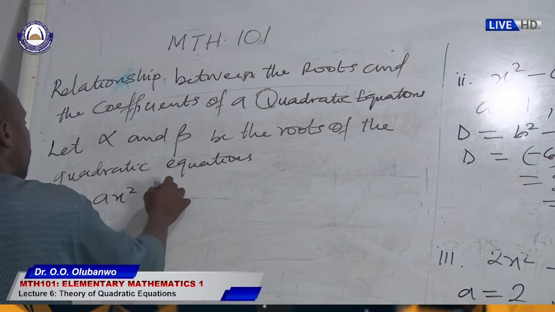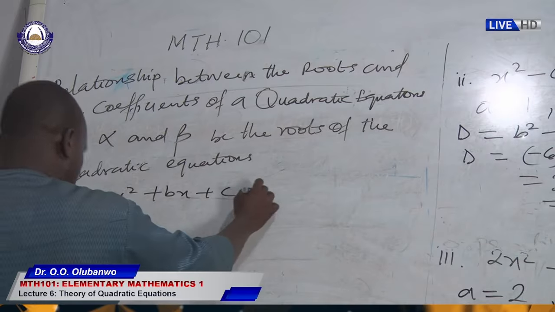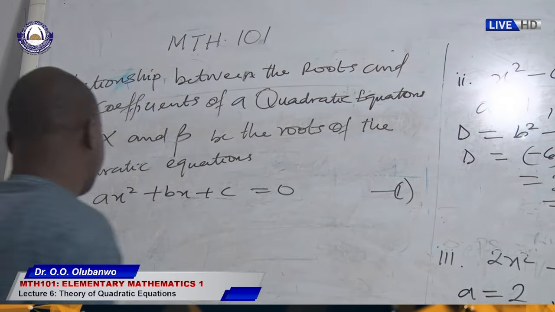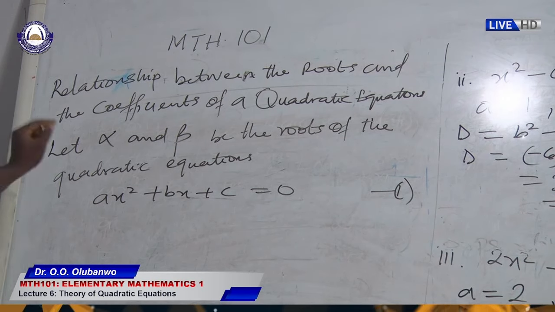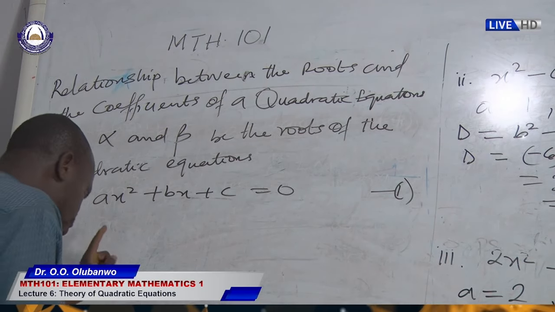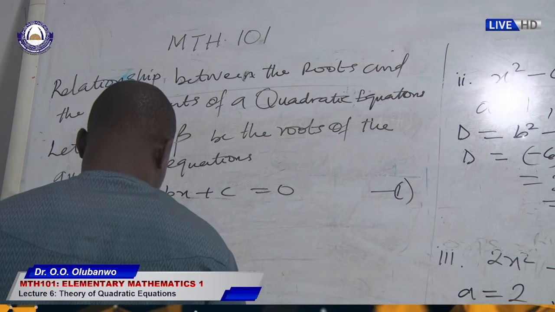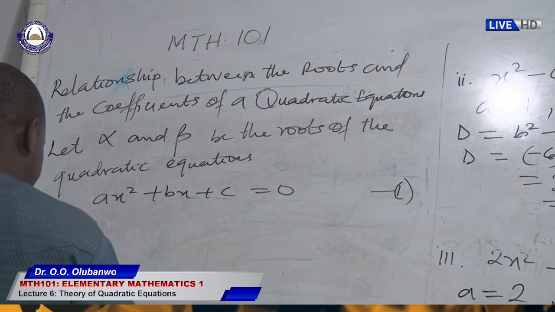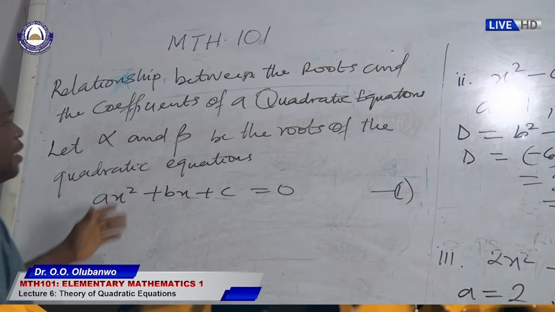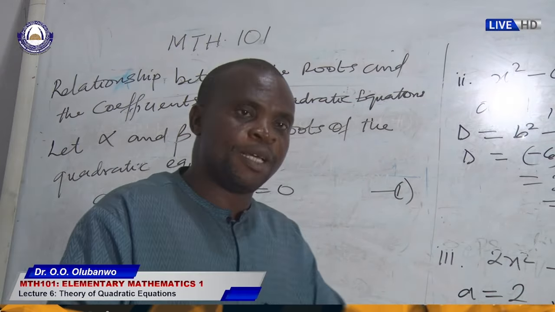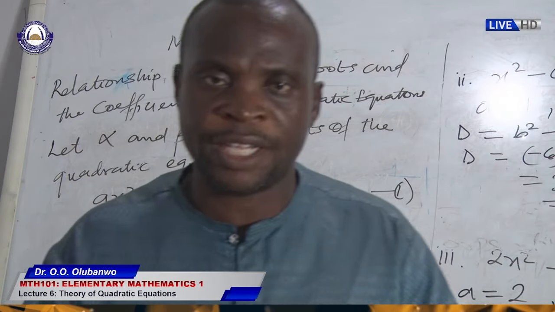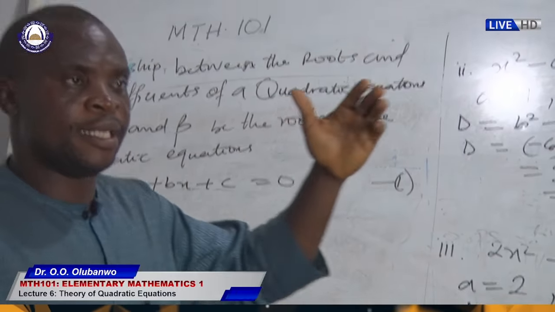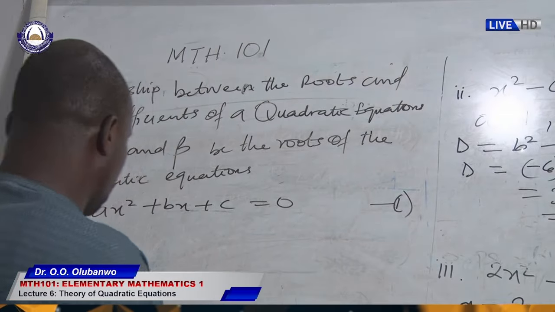ax squared plus bx plus c equals 0. Let's label this as equation 1. If alpha and beta are the roots of this equation, it means that instead of writing x equals minus b plus or minus root b squared minus 4ac over 2a, we simply have alpha to represent one part, then beta to represent the other one.